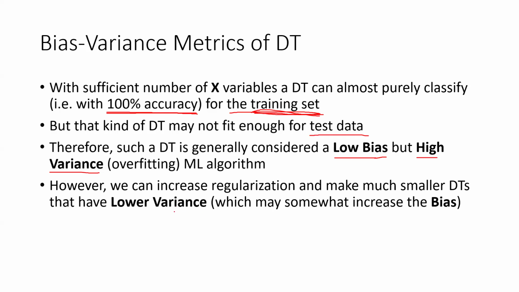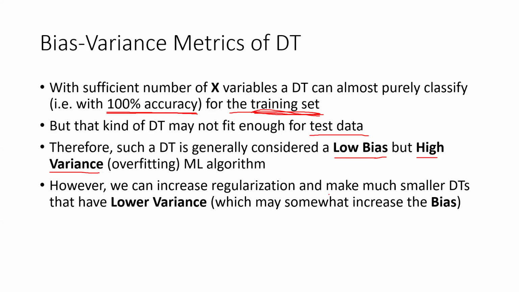However, you can increase the regularization as I explained, and make smaller decision trees that have lower variance, right? By having a large number of x variables, we can have a very large decision tree with high variance, but with regularization techniques, you can make smaller decision trees.